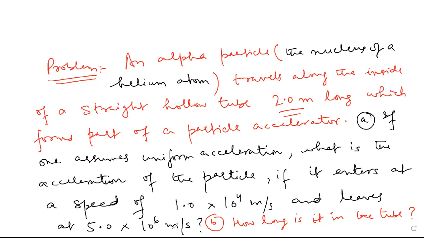We are supposed to assume its acceleration uniform, and we are asked to find the acceleration and the time it stays in the tube. So this is the motion in a straight line with constant acceleration case. So let us move to the solution.